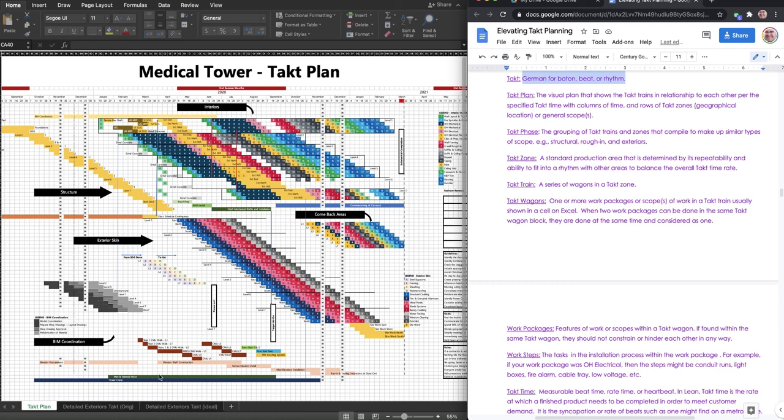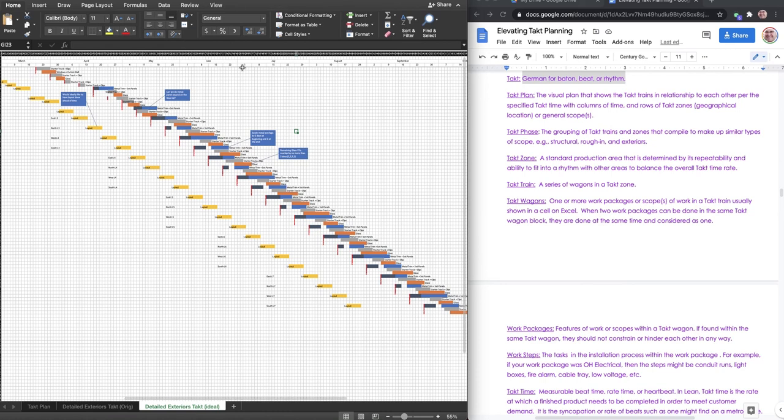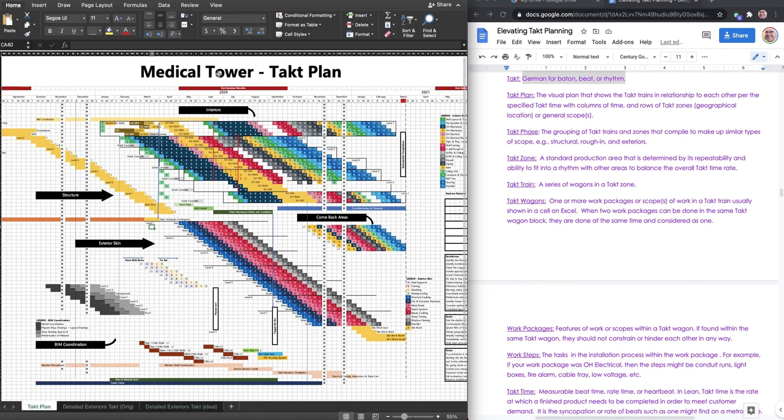Now, if we were to go into the detailed day-by-day takt plans and into those layouts, then maybe if these were in 3-day time scales, that would be a 3-day takt plan. 4-day, that would be a 4-day takt time. Right now, since this is formatted into work weeks, it's a 5-day takt time.